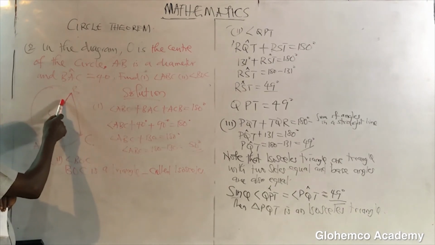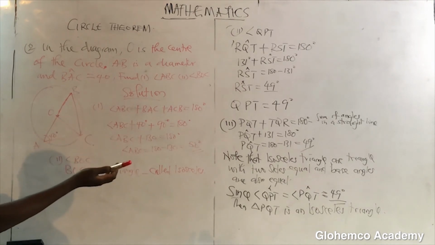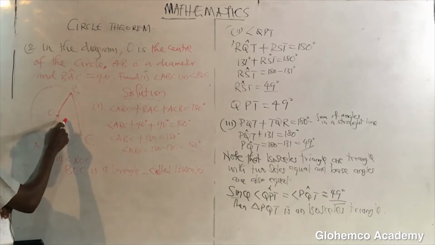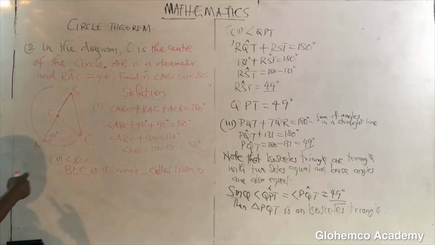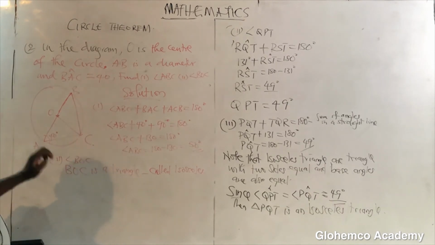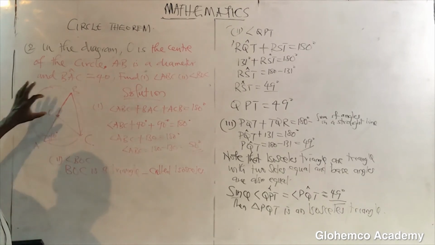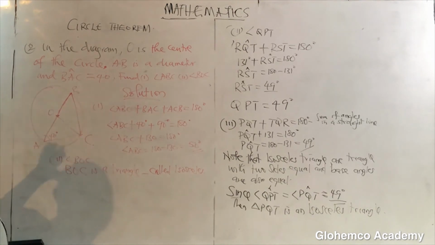If this is 7 centimeters, this one will also be 7 centimeters because they are the same radius. So once two sides are equal, the triangle becomes an isosceles triangle. At least we have identified one of the properties that makes an isosceles triangle: two sides must be equal. This side is equal to this one. Then it has formed an isosceles triangle.